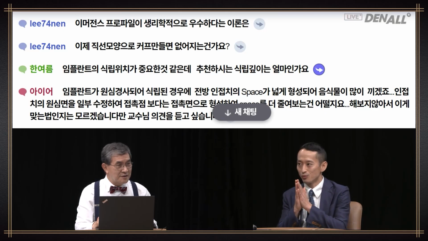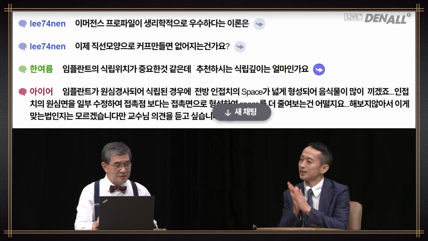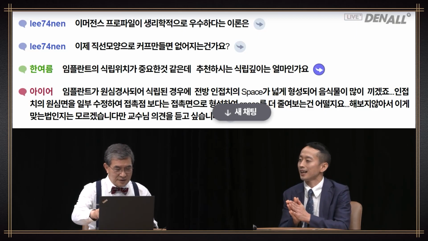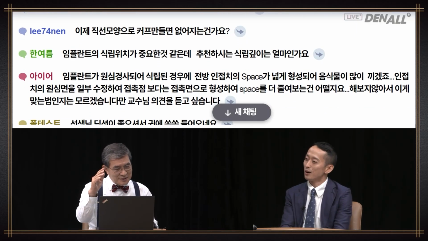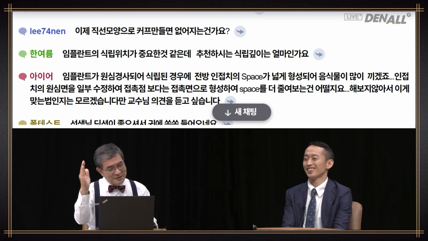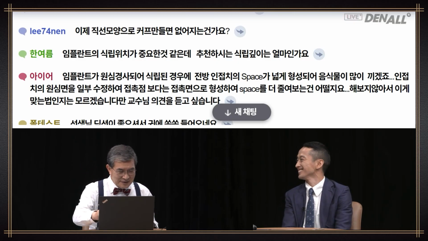Food impaction or stress on the soft tissue occurs less with a straight type. That's my opinion. The next best is concave, and convex is not recommended. Yes, in my opinion, I believe so.